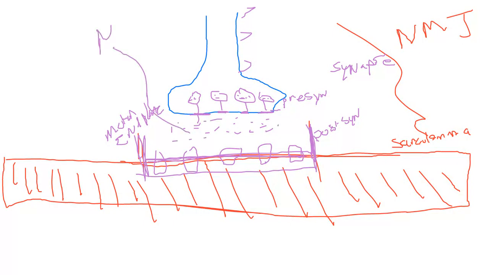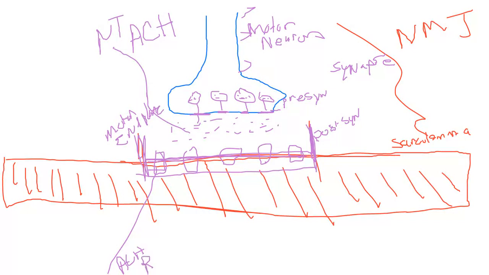The neurotransmitter for a motor neuron and a skeletal muscle fiber is acetylcholine, which we abbreviate ACh. These protein receptors are acetylcholine receptors, proteins that only interact and bind to acetylcholine.